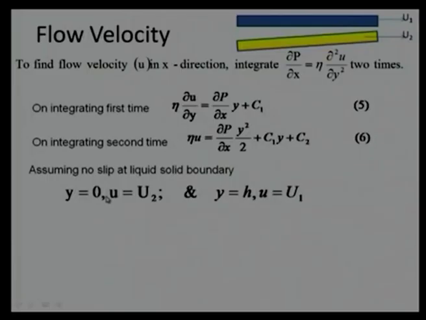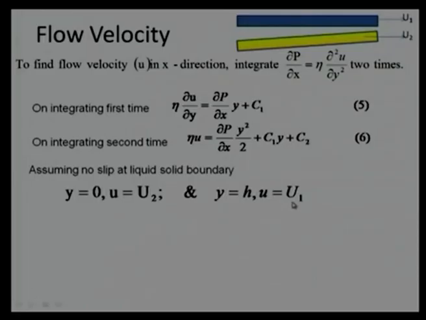When y is 0, somewhere at this point, velocity is equal to u 2. When y is equal to the film thickness, it can be in any cross section, y is equal to h, at that time velocity is u 1.